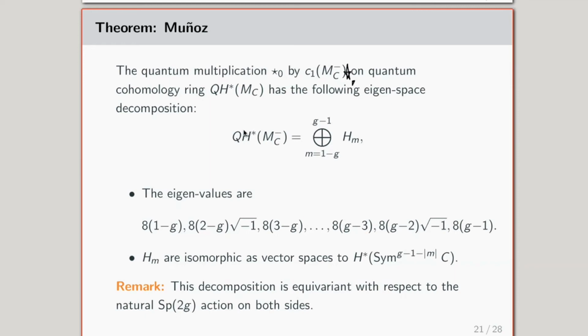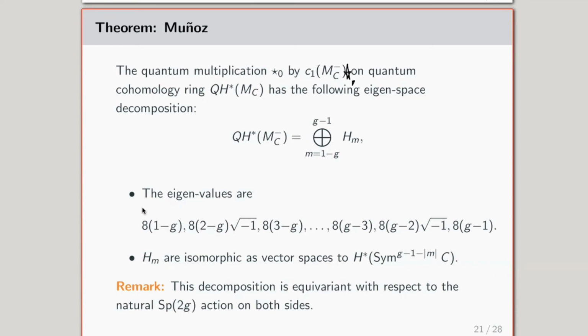This is a linear operator, and you can look at what its eigenspaces are. This was computed by Munoz quite early, around the late 90s, I would say. He also computed the eigenvalues of these things. As you see, the eigenvalues are exactly of the form that I drew in my picture.